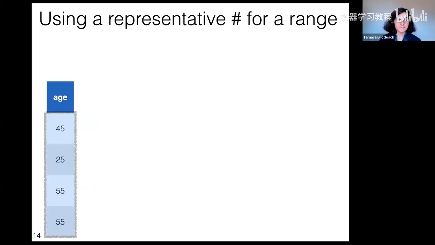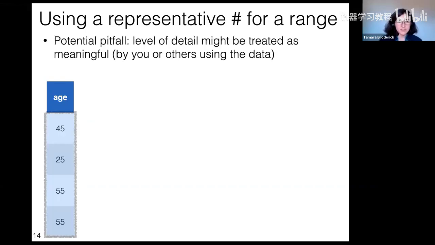I've also seen things like 15 for the middle of a month, if you don't know what day something is in the month, some kind of representative number. It's just worth noting that there are some potential pitfalls to this. One is that whenever you introduce a level of detail, it can be treated as meaningful by you or by others who use the data.